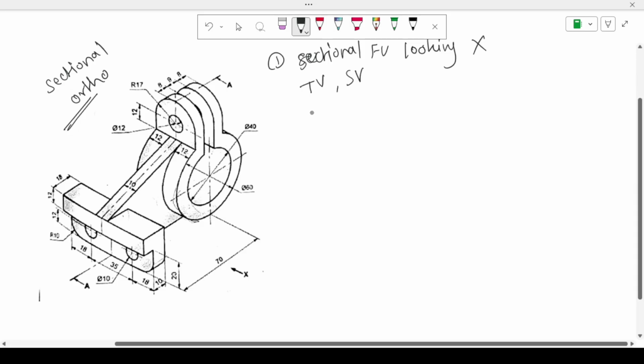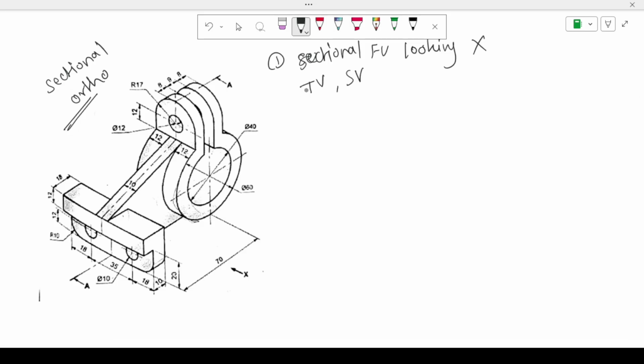Whenever in a problem or question the sectional front view or the sectional side view, whatever, the word sectional is mentioned, then you have to recognize that this problem is not a normal orthographic projection problem, it's a sectional ortho. Don't miss out that you have to take a section, you have to imagine the cutting plane.